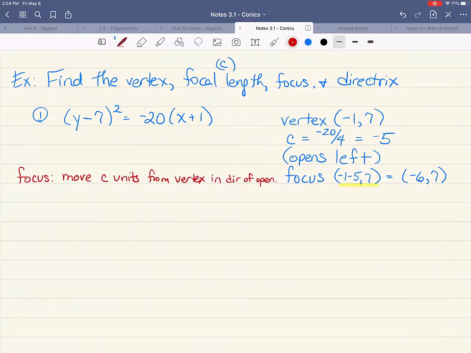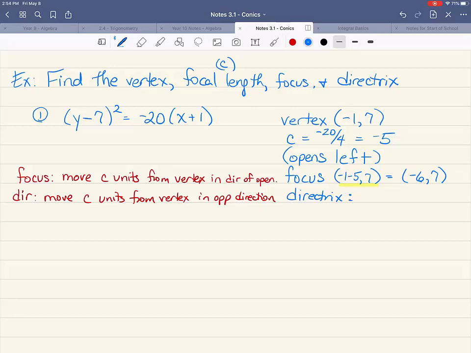Okay, now for the directrix, you're going to move c units from the vertex in the opposite direction. So whichever way you moved for the focus, you move the opposite way for the directrix. Now remember also that the directrix is a line.